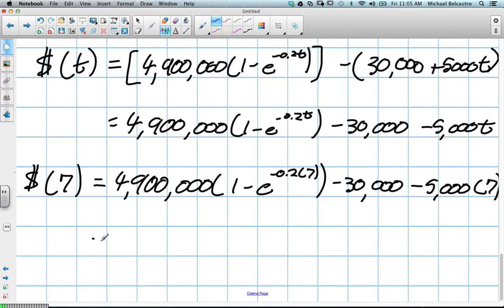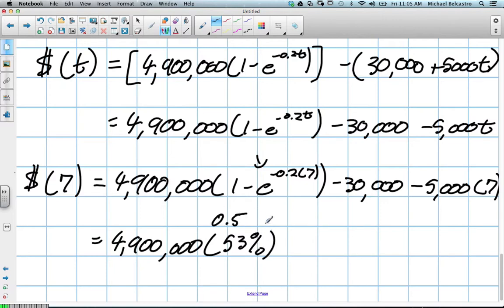Complex function, but we can do this. Our proportion here we know is around 53 percent, we calculated that already. So we have 4,900,000 times approximately 0.53, minus 30,000, minus 35,000.